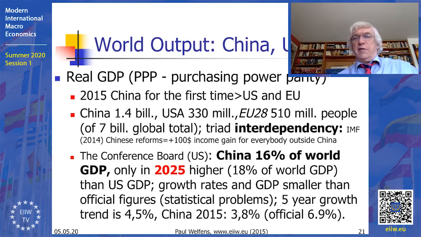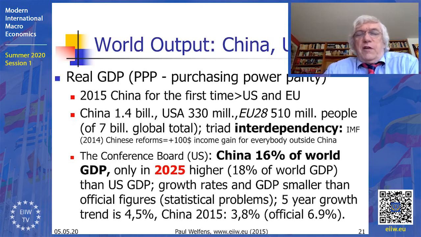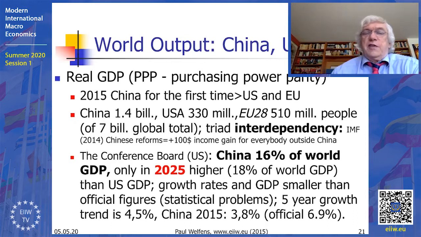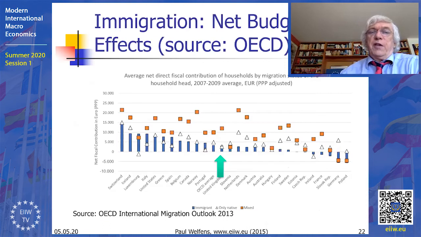So then in 2025, China would have 18% of world GDP, and the growth rates and the GDP figures in the Conference Board database are somewhat smaller than official figures. The Conference Board says the 5-year growth trend in China is 4.5%, and for instance, China 2015 3.8%. The official figure was 6.9%.